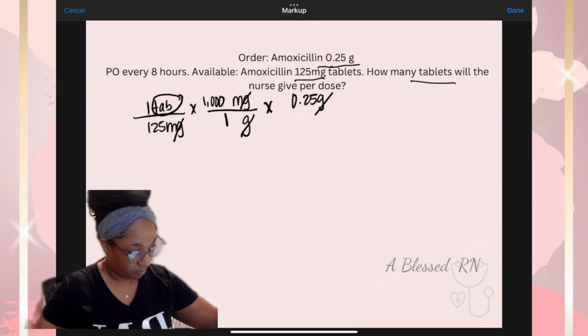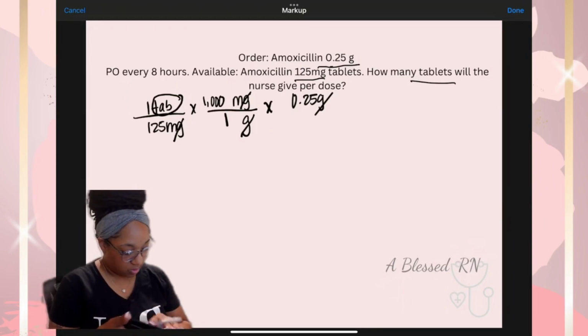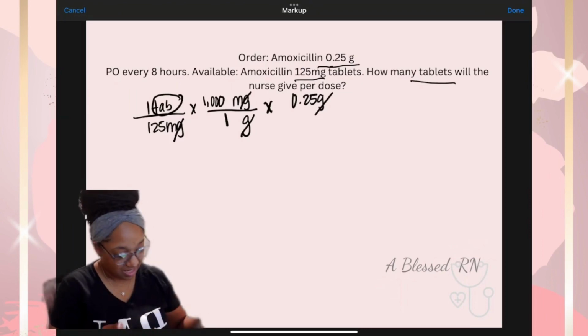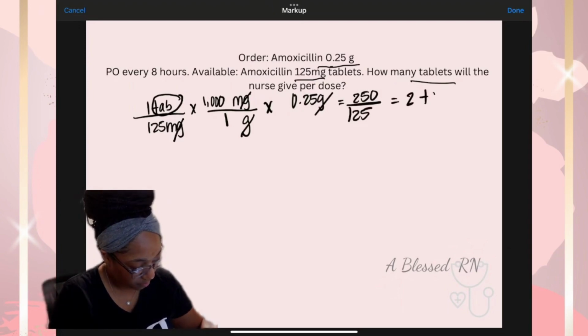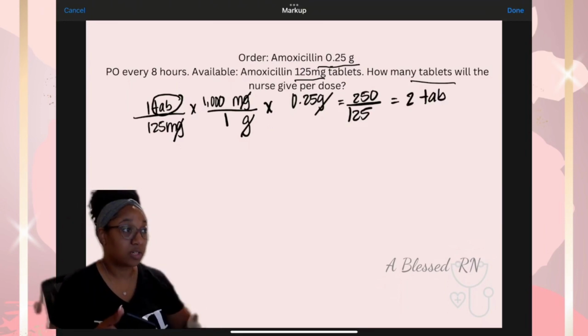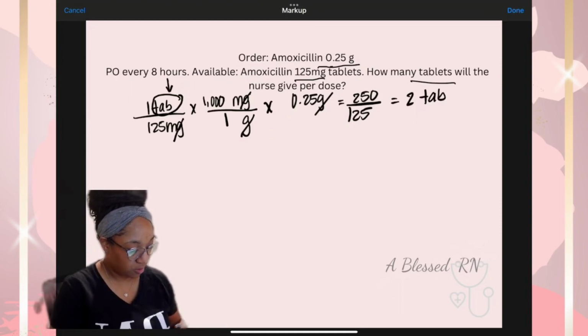If you put it in your calculator, you multiply 1,000 by 0.25, which is 250, divided by 125, and it's 2 tablets. And you see all of your units crossed out, and you're left with what you're looking for, okay?